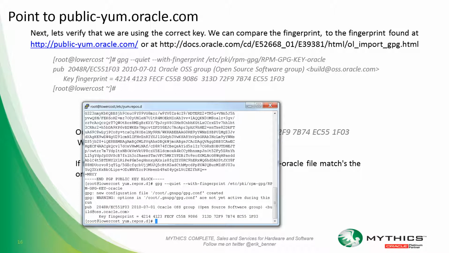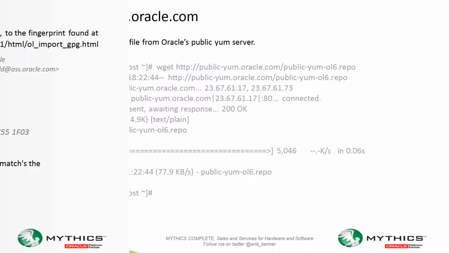And we're now going to get the key signature of it, and I'm going to look at that signature. I can compare it to the public YUM or the Oracle docs, and I'll see that that signature matches the Oracle one. So I know I have a good key file.